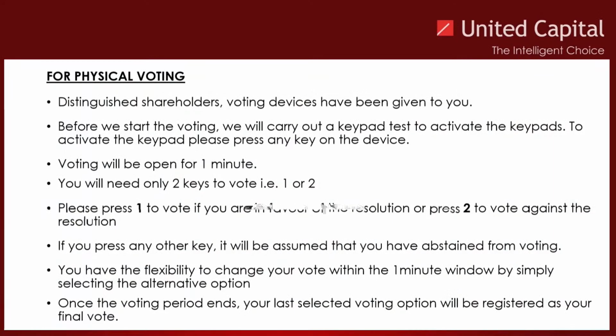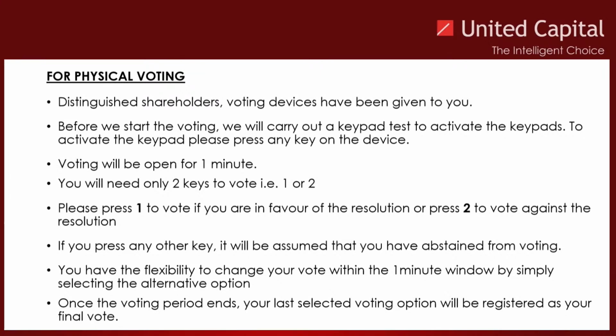Thank you. Before we start the voting, we are going to carry out a keypad test. At that time, we'll let you know, and we'll just ask you to press any key on the device, and then the keypad will be activated. Voting will be open for 1 minute, and you will need only 2 keys to vote, either 1 or 2.